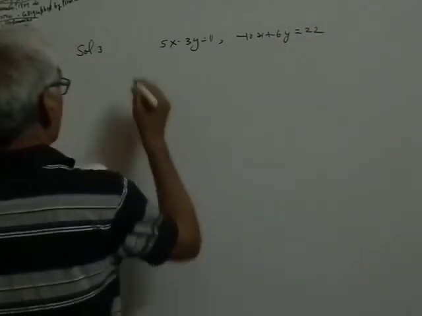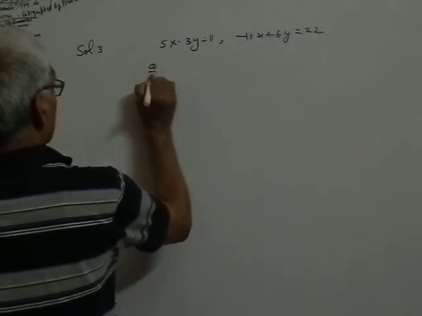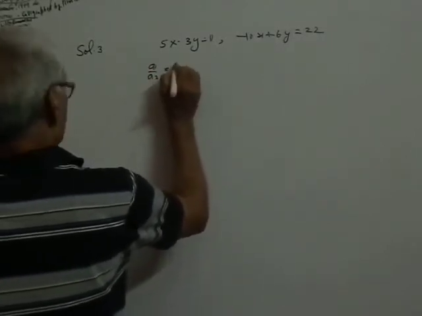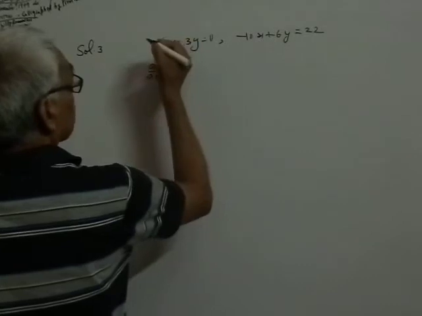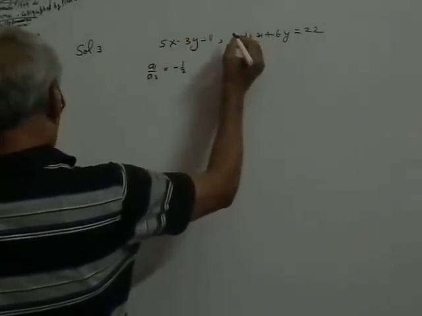Here the ratio of coefficient, that is a1 upon a2, is 5 by minus 10, that is minus half.